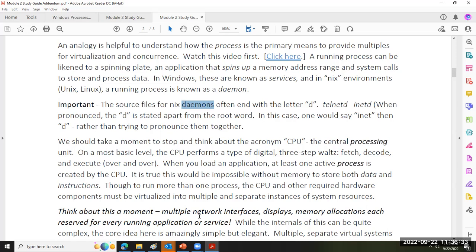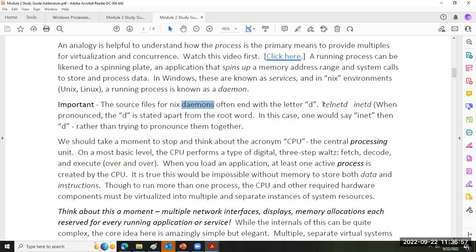So you'll often hear people talk about Telnet as a service that runs, that allows people to connect to a CLI environment between systems across a network. Telnet is inherently insecure, but it's still used quite a bit, especially in private internal networks.